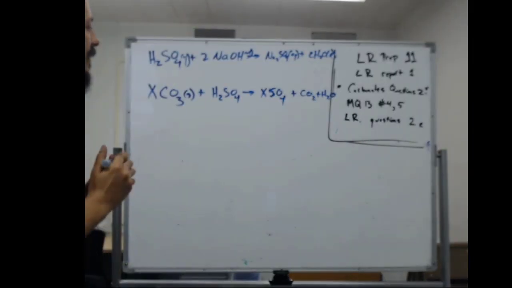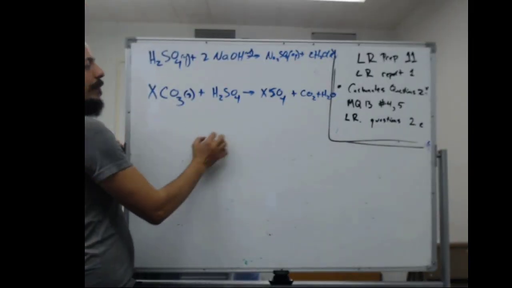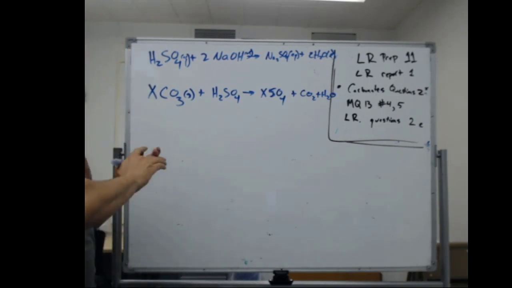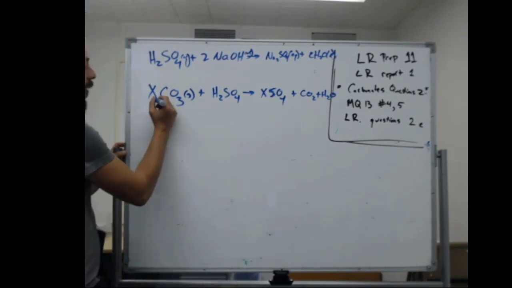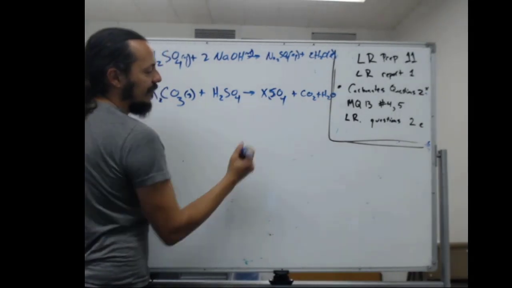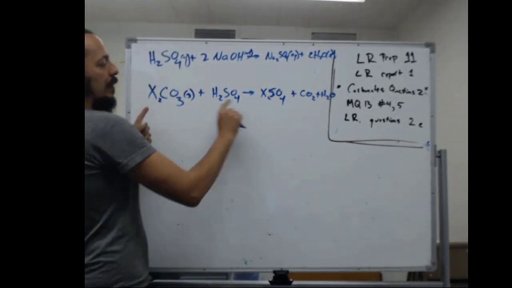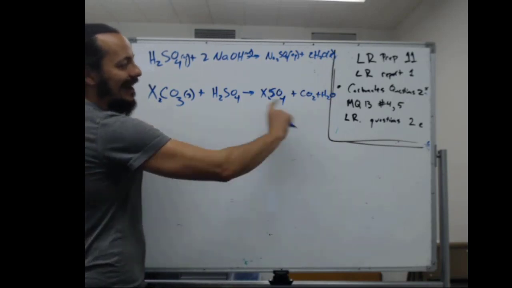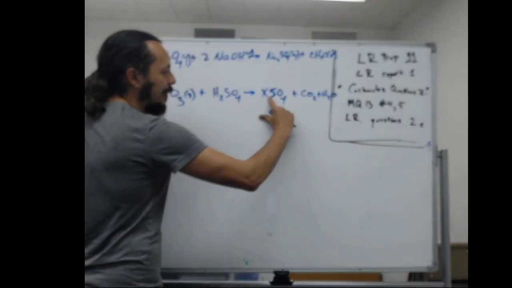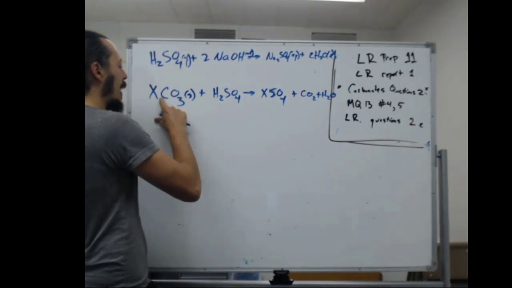Right? And this is the first reaction that happens, where the metal carbonate reacts with the sulfuric acid. And you could be thinking, hold on, what if it's X2? Well, then it's just going to be X2. This will change our thinking at the end, but in terms of balancing our chemical reaction, it's not going to change the balancing of our chemical reaction. So I'm just going to leave it as X1 for now.